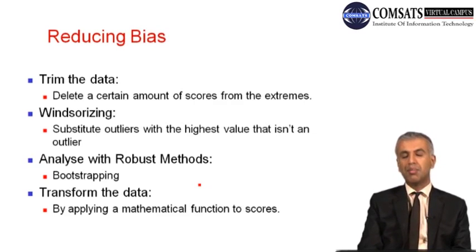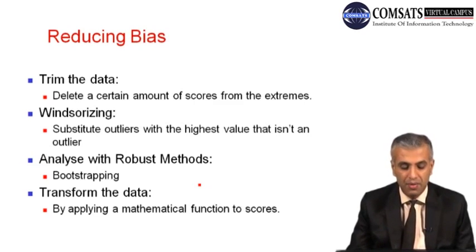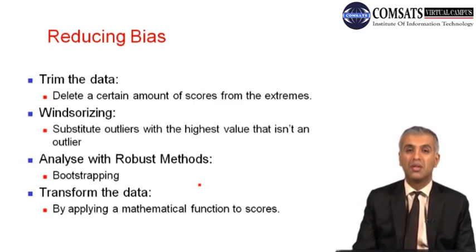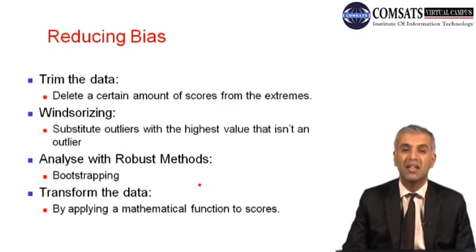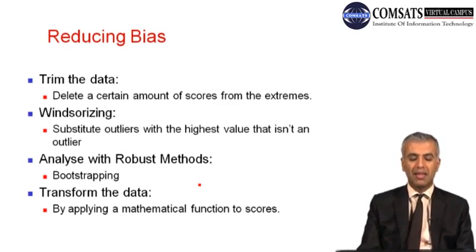So it repeats this procedure around 2,000 or 3,000 times, and based on that data set we get certain figures which give us some idea of the distribution which the population might have. So bootstrapping is that methodology followed.